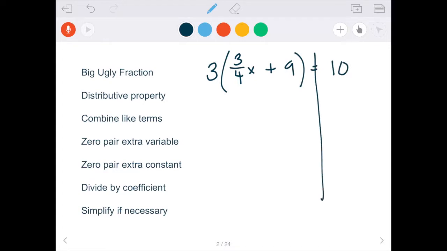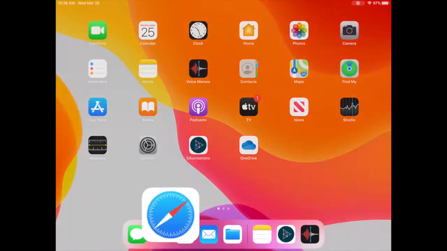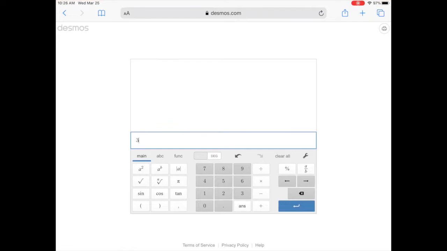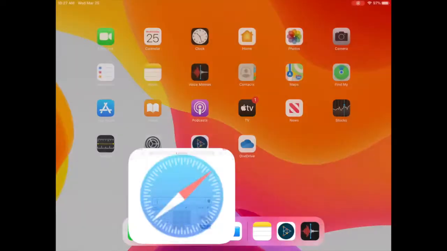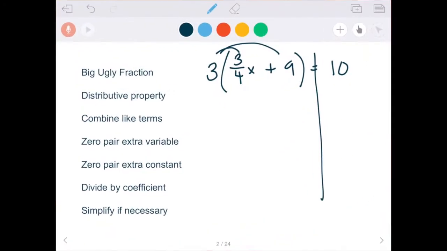You must do your distributive property first, okay? 3 times 3/4. Now, in a situation like 3 times 3/4, you're going to find that it's not a whole number. It turns out to be 9/4. Basically, what we've done is we have multiplied 3 times the numerator, which is 3 times 3 right here.